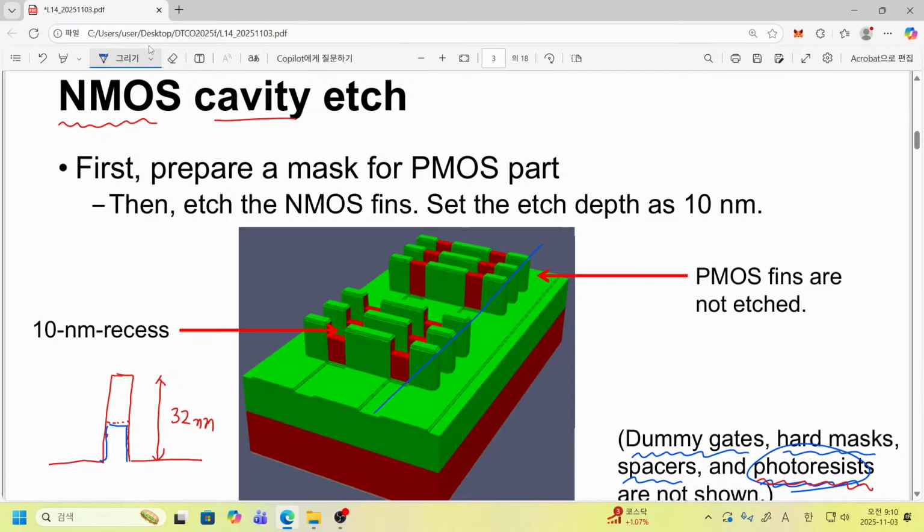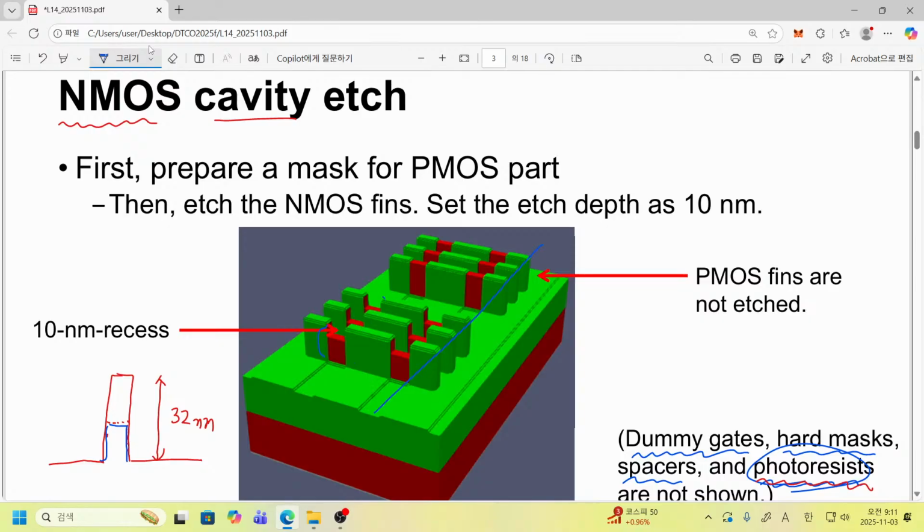Intentionally, people also etch the layer beneath the spacer. Although spacers are not shown, you can easily understand this part is covered by spacers, but the part beneath the spacer is slightly etched away. That is also good for device performance, but also not covered in this example.